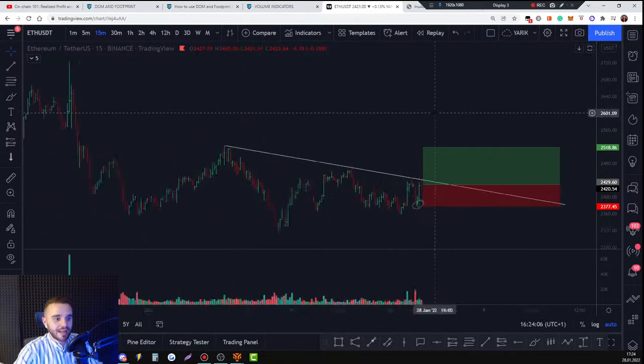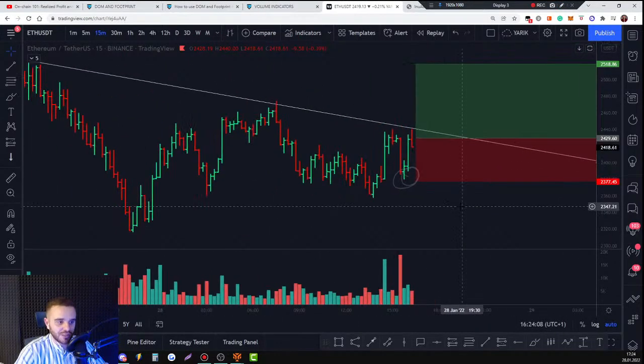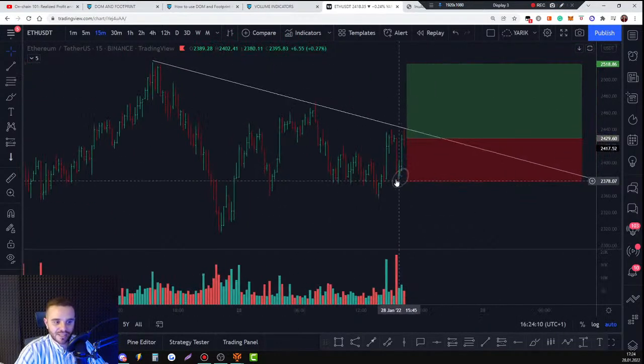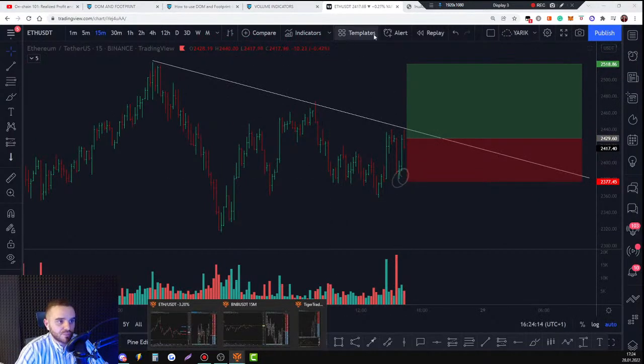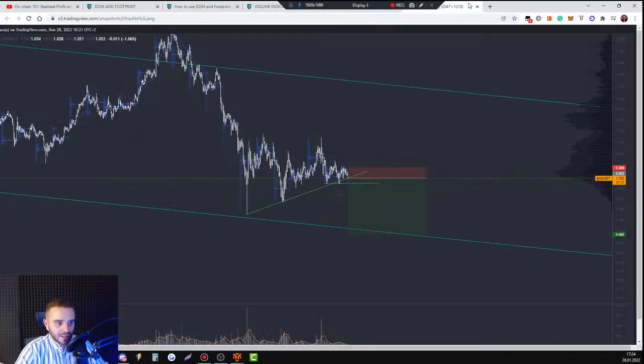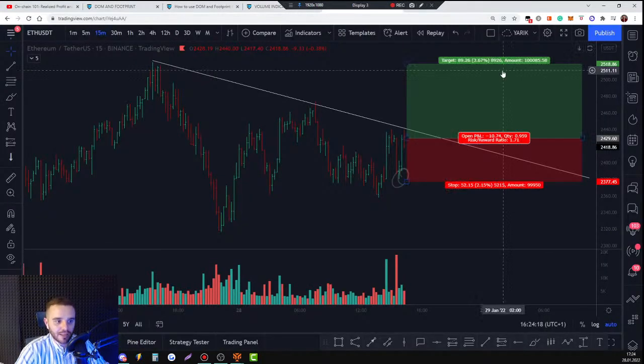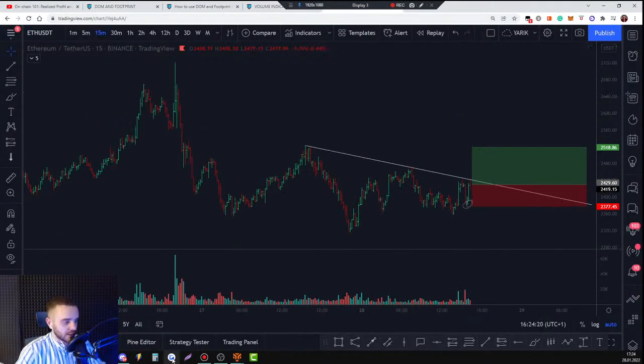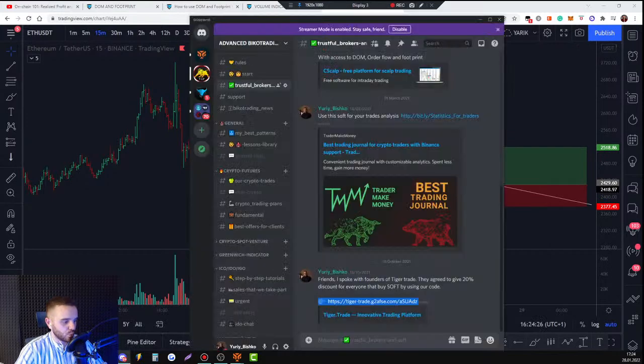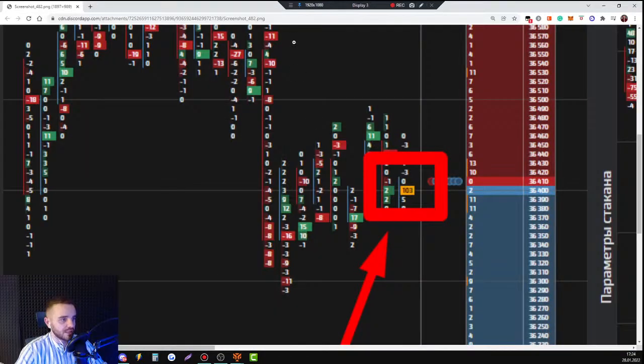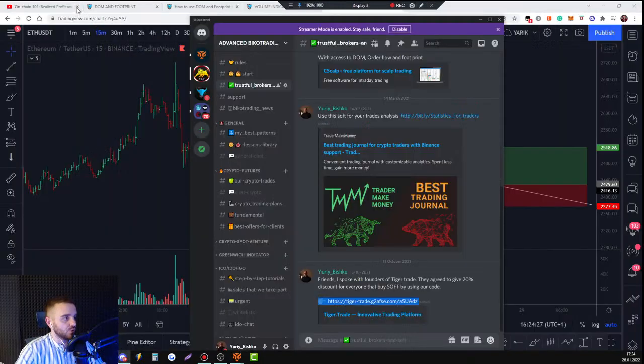Like this Ethereum example. Why is this Ethereum example interesting to me? Because the biggest volume appeared when Ethereum did a pullback. Take a look. Let's have a look together at the Ethereum biggest volume.